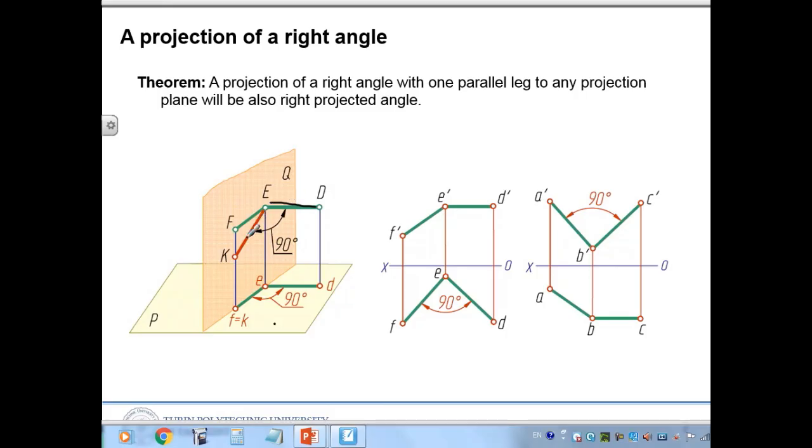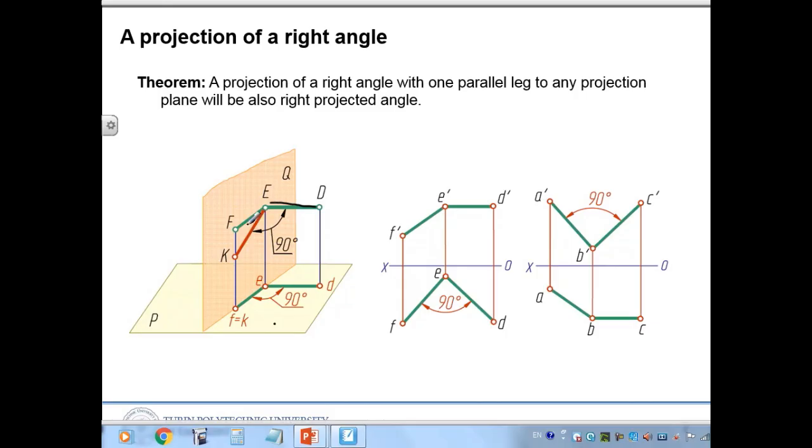also will be a right angle. Okay, even though the other leg might not be parallel. For example, the KE line is not parallel to the P, but only one leg, the ED leg, is parallel to the P. One leg is enough to have a right angle.